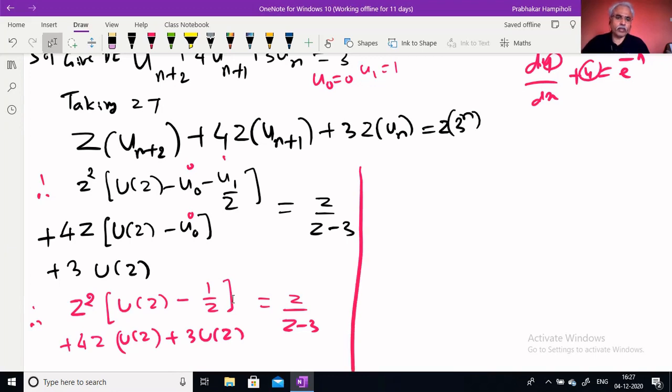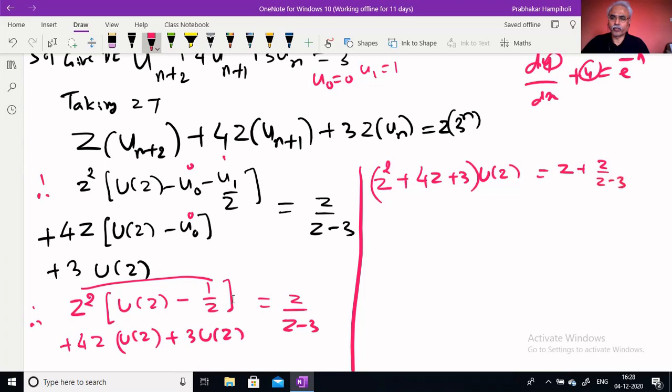Now if you simplify this, first considering all u of z terms, z square plus 4z plus 3 into u of z. Right hand side, if you transfer this minus 1 by z term to the right side, you are going to get z plus z by z minus 3.